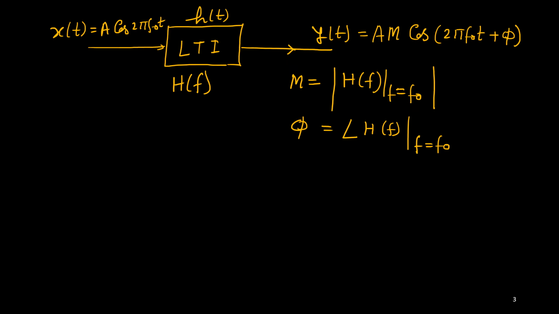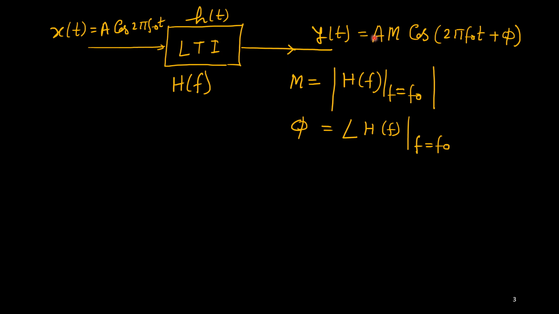So what I'm saying is that in an LTI system, if its impulse response h(t) or its spectrum H(f) is given, in that case, if I apply a sinusoidal signal A cos 2 pi f naught t, where f naught is the frequency in hertz, then the output signal magnitude is modified.